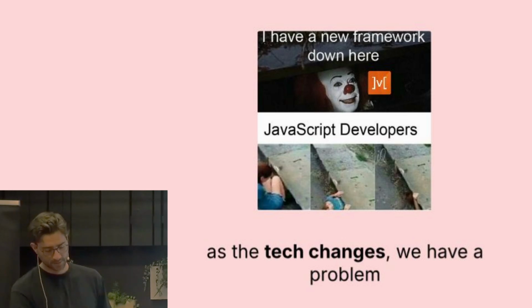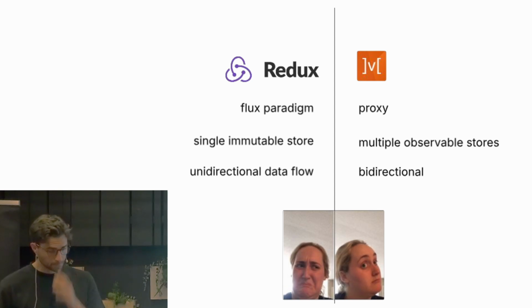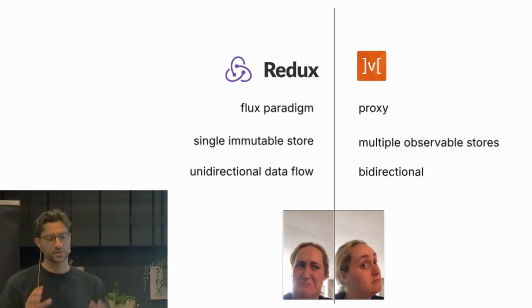So MobX has a very different paradigm than Redux. Redux is known for immutable state and unidirectional data flow, right? So you never change the state directly, you just dispatch an action, and then it's going to pass to the store. The store will reduce it into some new state, and the UI receives the new state.